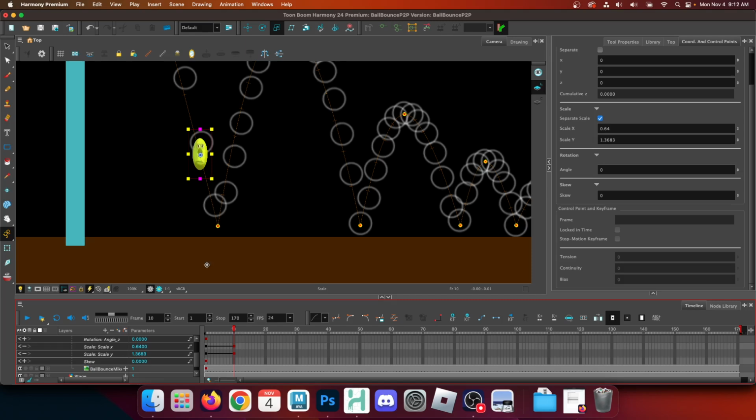And so now we're seeing the ball stretched and squished to maintain the full value of the scale. Scale X plus scale Y, if things are done appropriately, should always equal positive 2, because you're scaling something either wider and therefore shorter, or longer but therefore narrower, right?